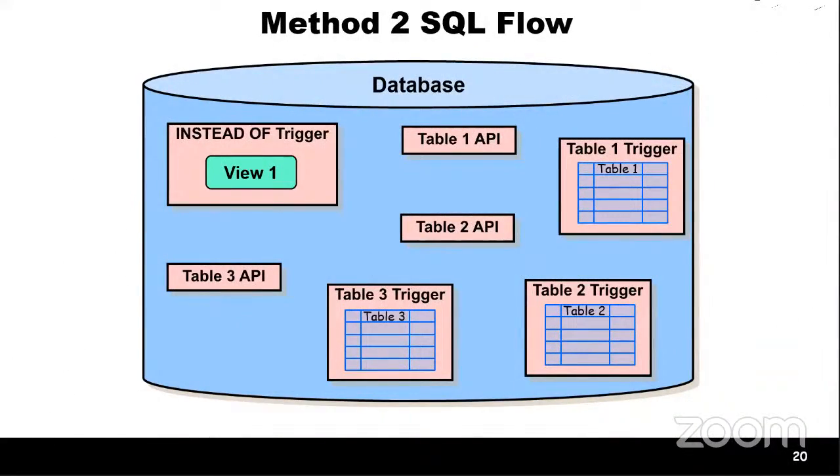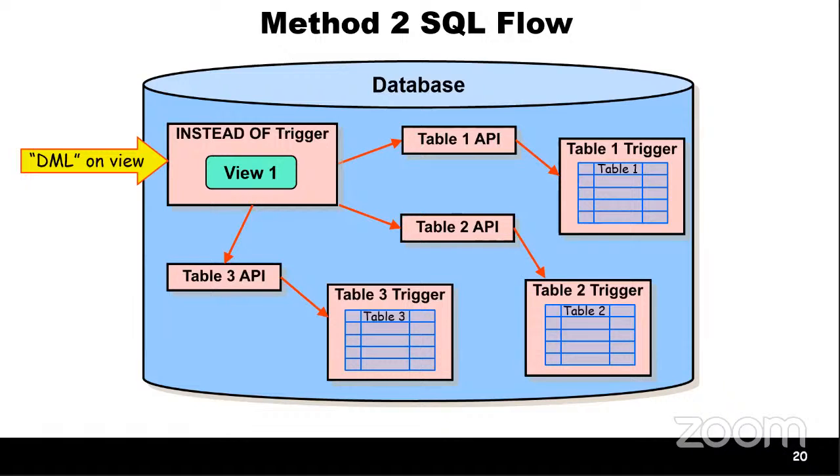So just diagrammatically, what's happening with this method 2 is you're issuing the DML, and I put DML in quotes because I'm talking about insert, update, delete, and technically, select is part of DML, but I'm talking about the insert, update, delete part. That is issued to the view, and the instead-of trigger is protecting the view, so it fires instead of the actual SQL statement, and the view then calls off to the other table APIs.